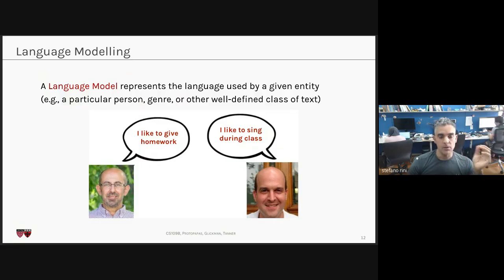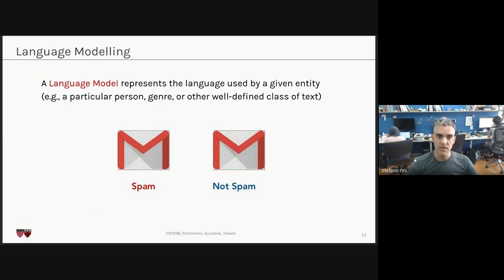So a language model represents how the language is used by a certain set of entities. Different languages arise from different people, different genders, or particular classes of text. And a language model represents how the language is used by a given entity for a certain task.